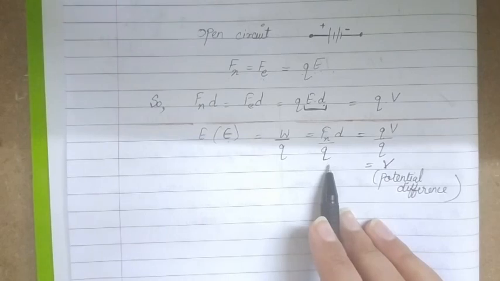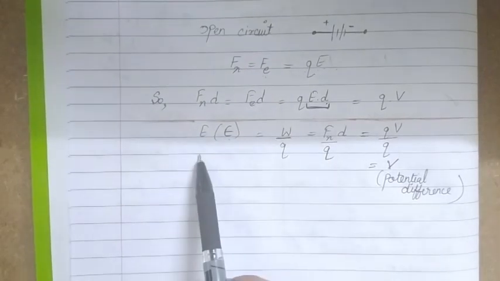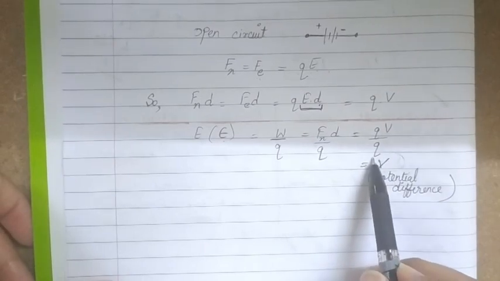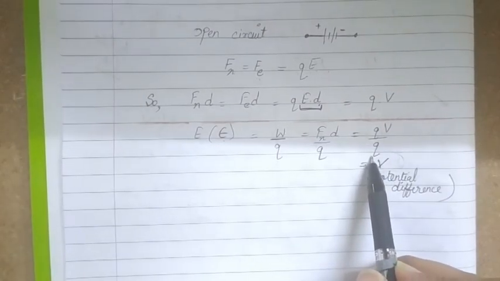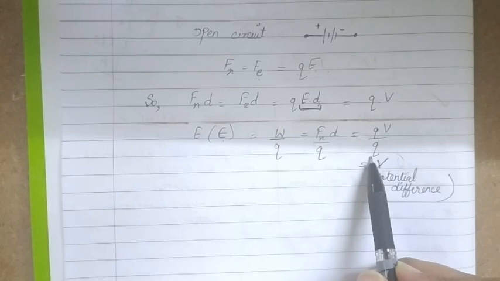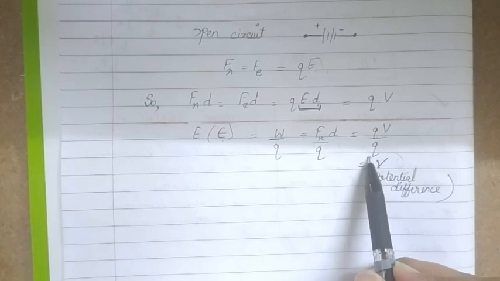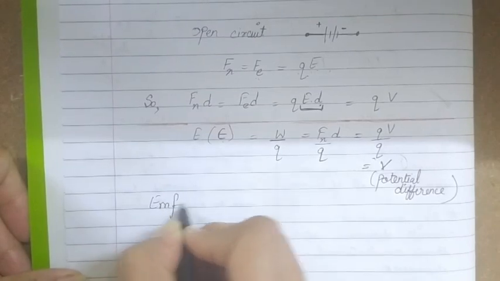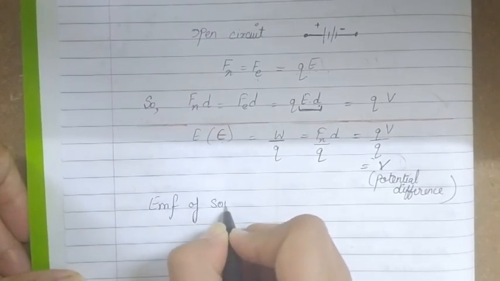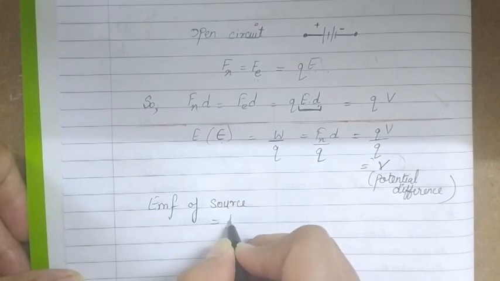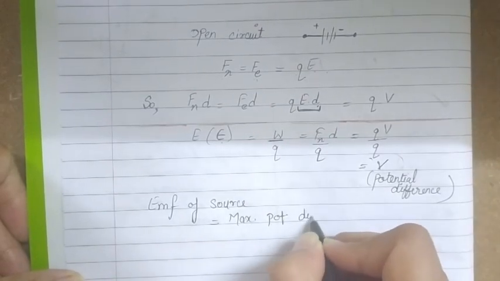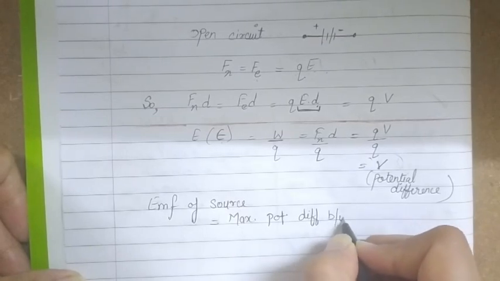So we can say that EMF of a source is equal to the maximum potential difference. In case of open circuit, we get maximum potential difference between the terminals. So EMF of a source is equal to the maximum potential difference between the terminals.